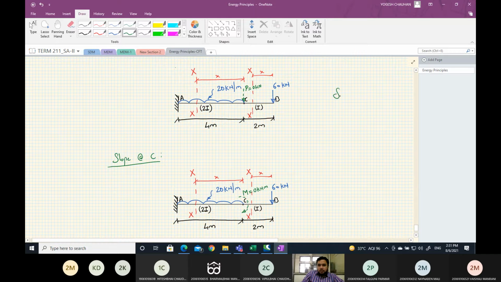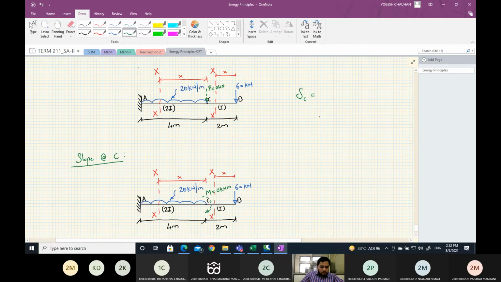And the value of this delta C, you will get it as, this is the answer, you can verify with your calculation, 14.5 mm in downward direction.